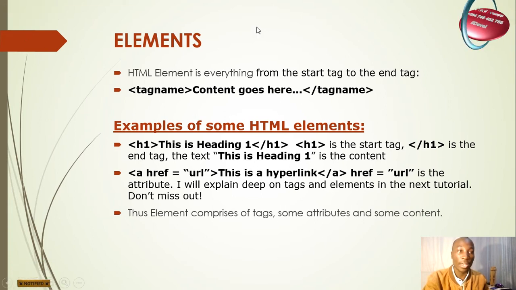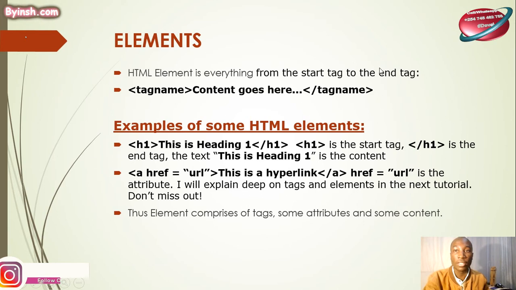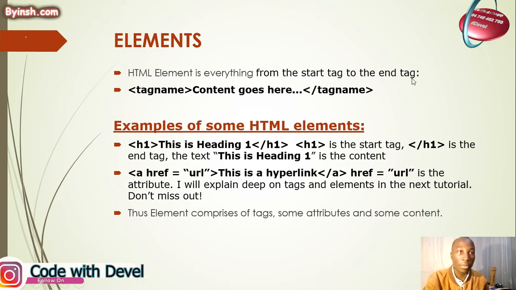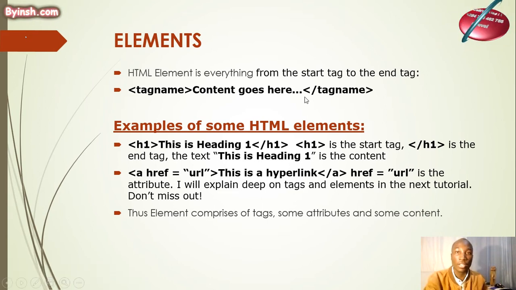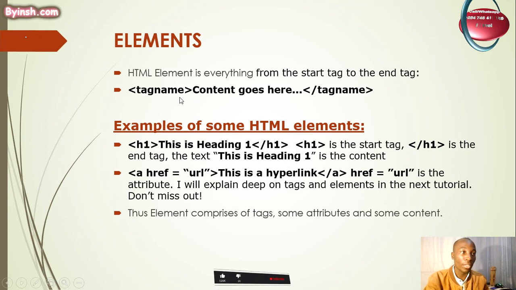When you hear element, just know it is whatever is contained from the start tag to the end tag. Sorry for hearing the term tag for the first time, but I will explain tags in depth in the next tutorial. For now, just know that a tag is whatever is contained in the angle brackets.